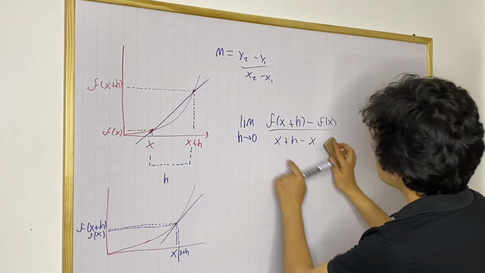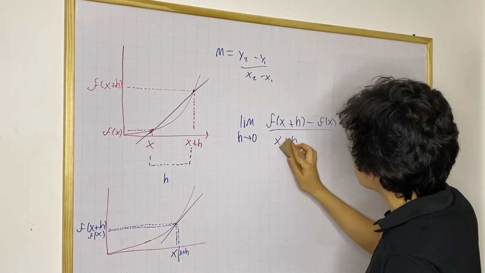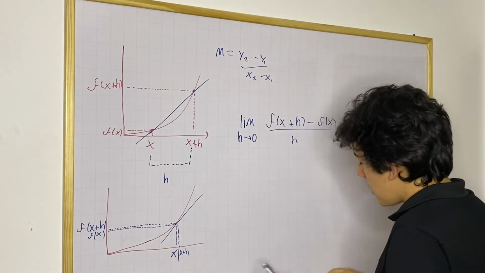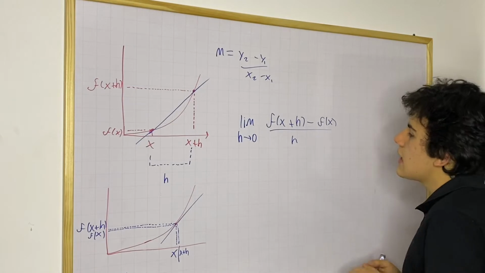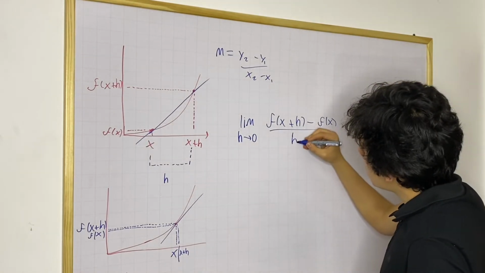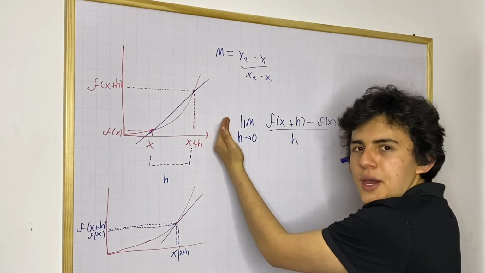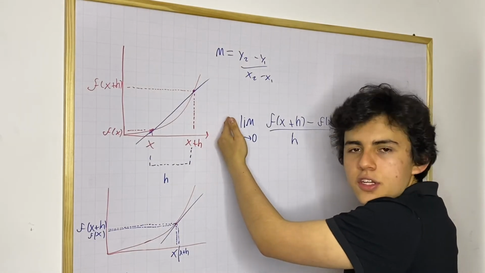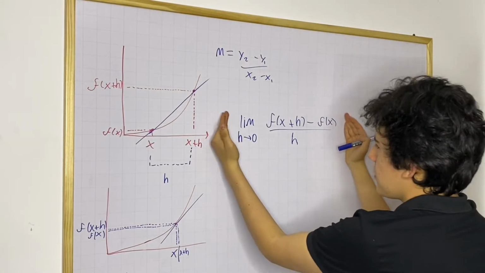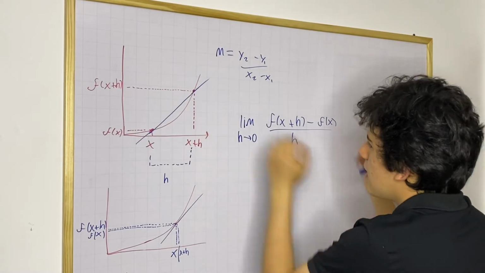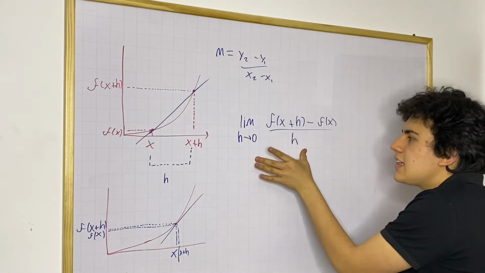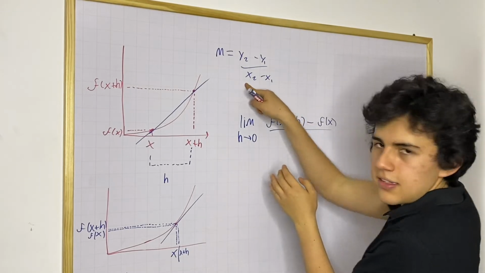Now, these two, positive and negative, are gonna cancel out, x minus x, and you get h on the bottom. I'm pretty sure this is something that all of you know, or if you Google the definition of a derivative, you're gonna find this expression. And this is basically the same as this.